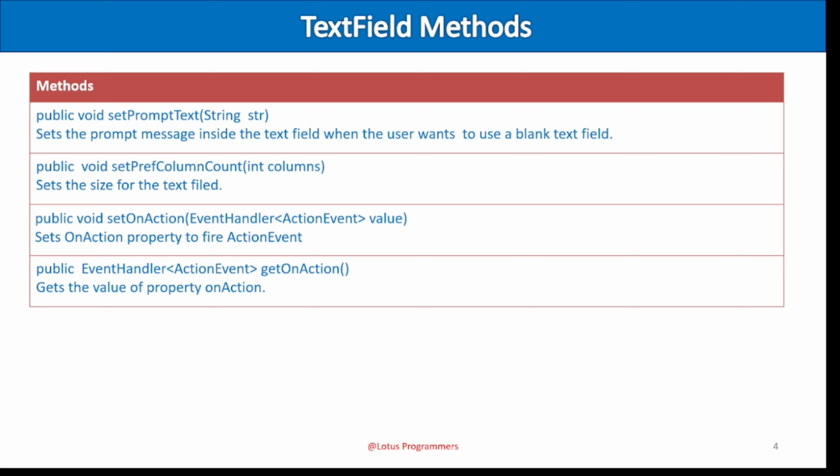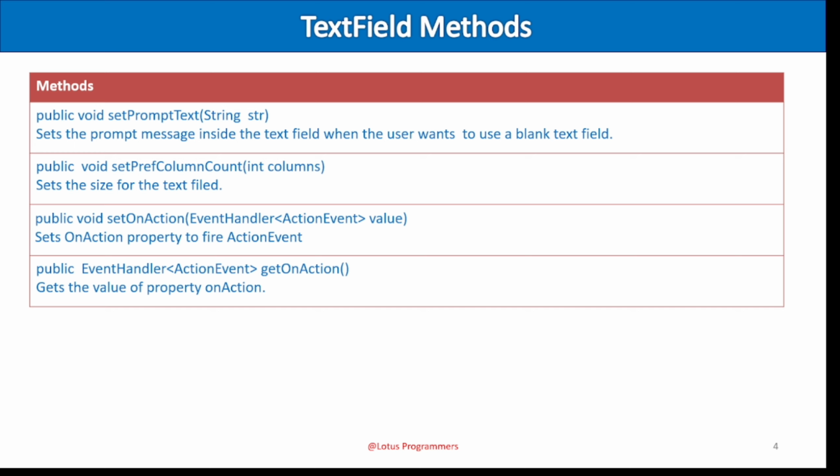Let us look at the methods of the text field class. The first method, set prompt text, is used to set the default text for the text field, and the second method, set preferred column count, specifies the default number of columns for the text field. If you'd like to define action events or event handling for the text field, we call the set on action method.